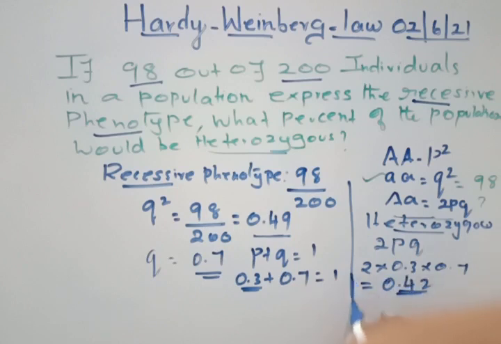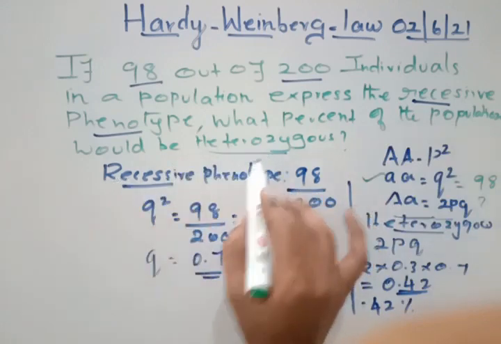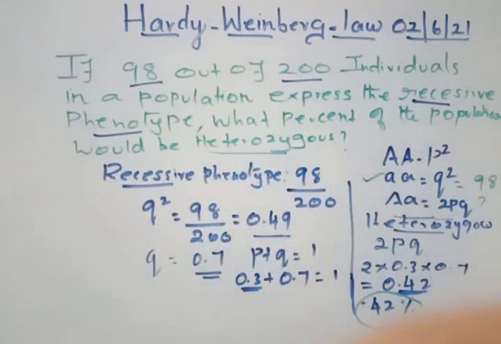So you have to make it a percentage, so multiply by 100. It gives you 42%. So that means the percentage of the population that would be heterozygous is 42%. Clear? So a very simple calculation.